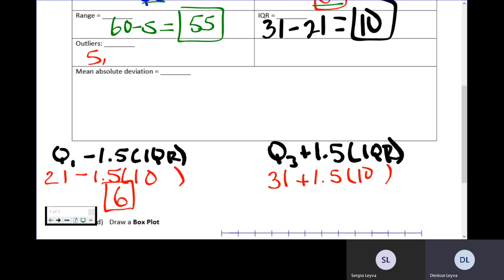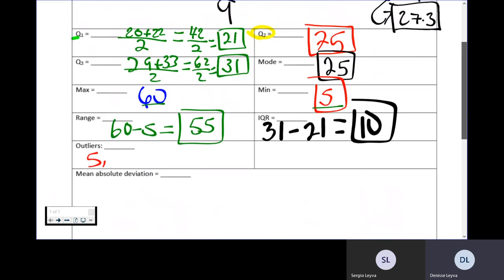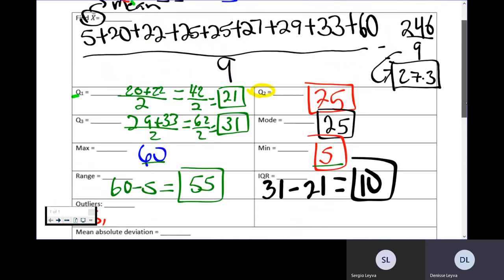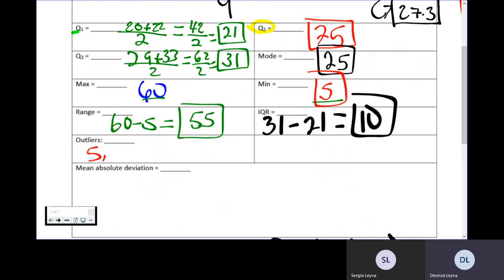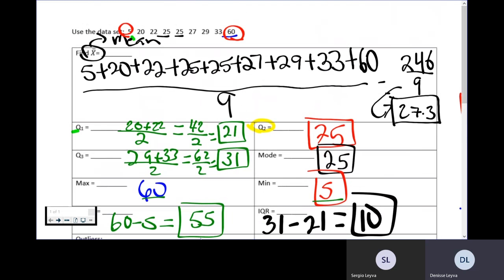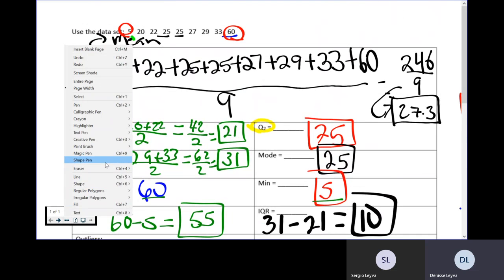That's going to give me 46. So any number above 46 is going to be an outlier. If you'll see here, this 60 is above 46. So I have an outlier of 60. So these two are my outliers. Sometimes you will not have any outliers. It just depends on the number sets.